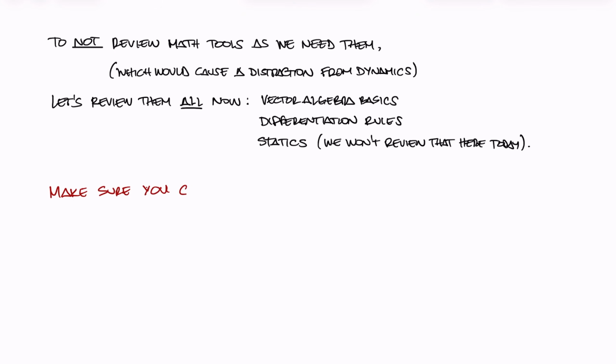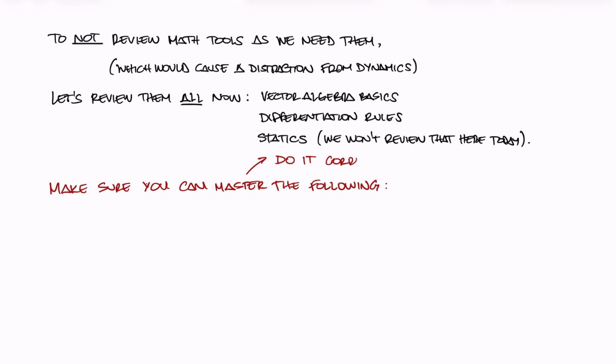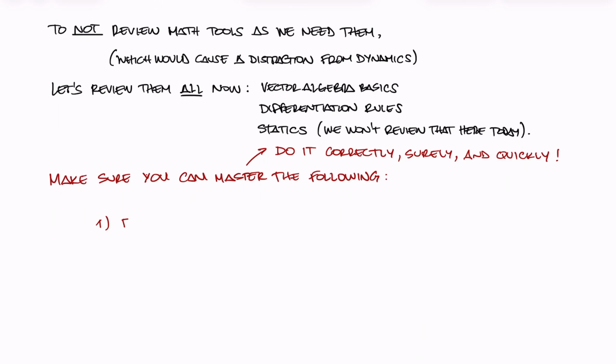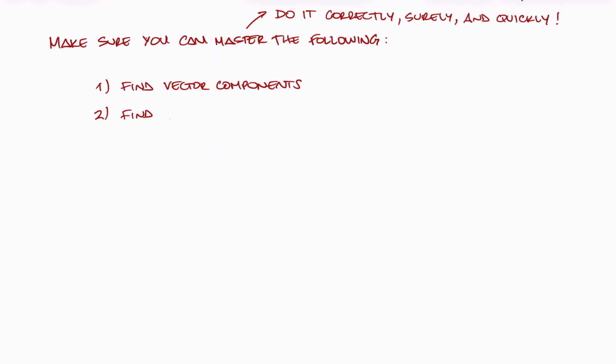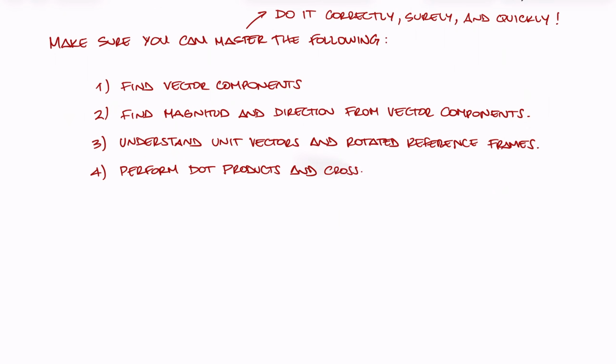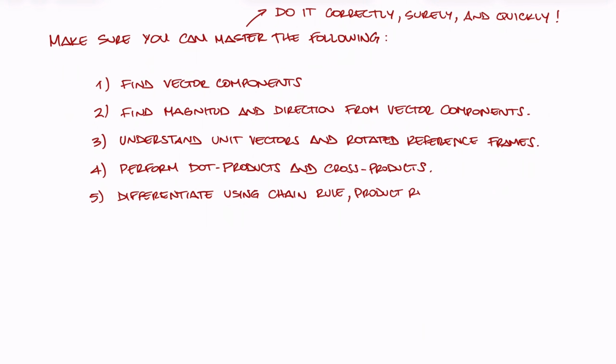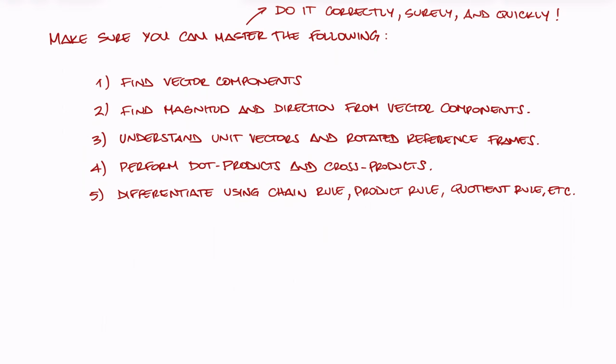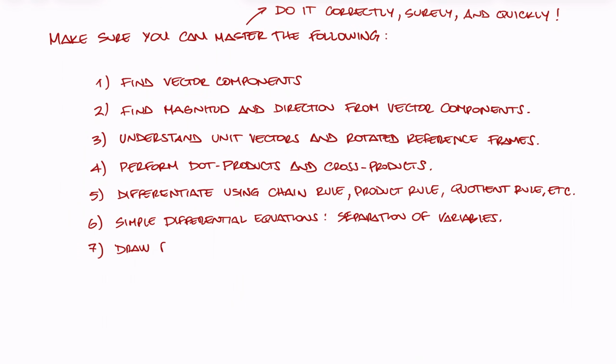Specifically, it is very important to be able to, without any hesitation whatsoever, find the components of a vector, find the magnitude and direction of a vector from its components, understand unit vectors and rotated reference frames, perform common dot product and cross product calculations, both with variables and values, differentiate using chain rule, product rule, and quotient rule, solve the simplest of differential equations using separation of variables, draw a correct free body diagram, and calculate a moment due to a force using vector notation.